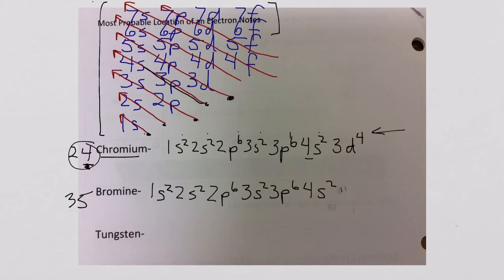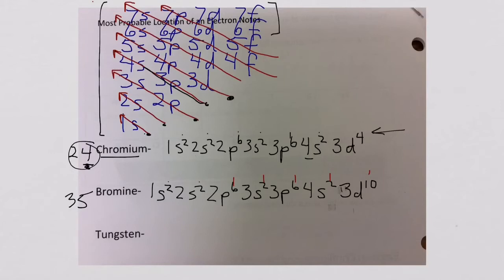We're coming back, and now we're to the 3d's. And how many did it hold? 10. 3d10. So let's go ahead and take stock. How many electrons do we have? Okay, 2 plus 2 is 4. 6 more is 10. 12, 18, 20, 30.